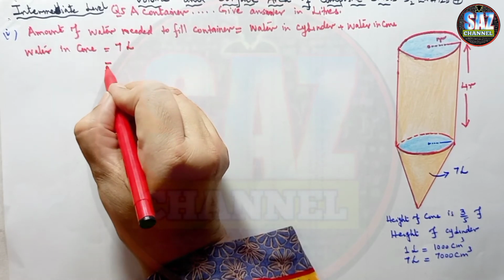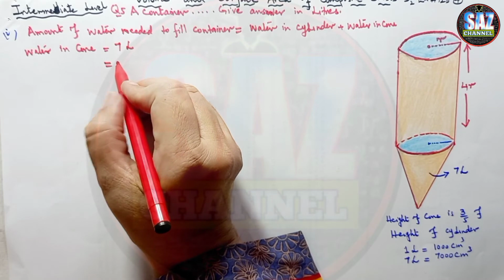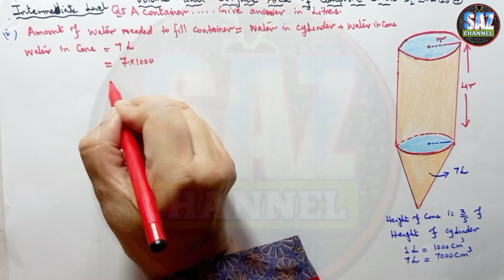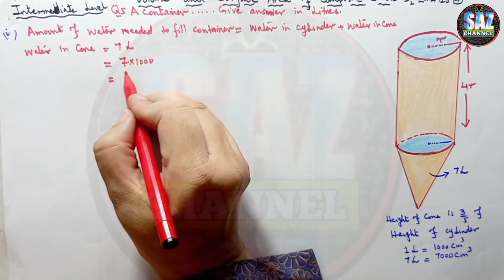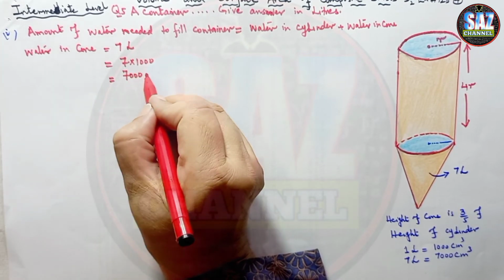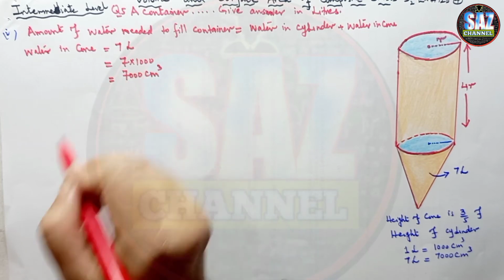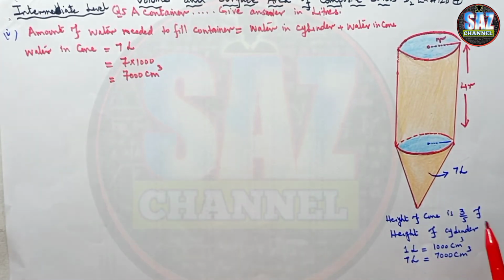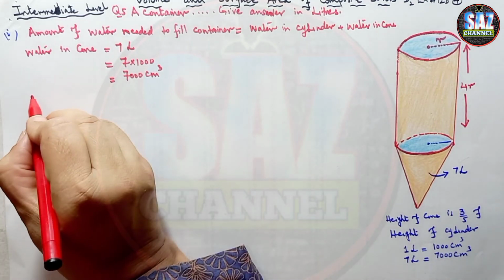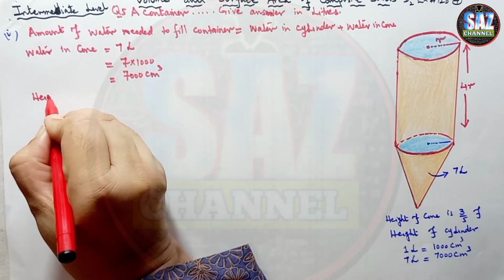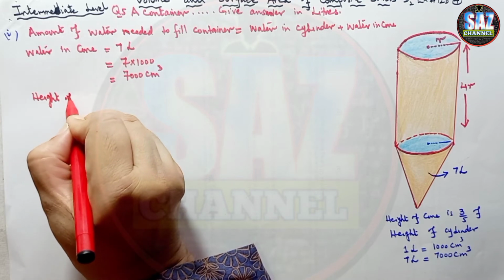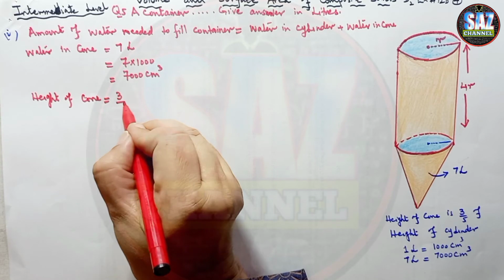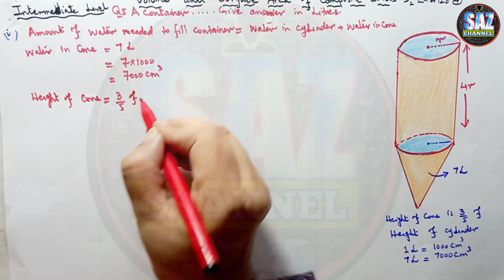Because 1 liter is 1000 centimeter cube, it becomes 7 multiplied by 1000, which is equal to 7000 centimeter cube. And the height of cone is 3/5 of height of cylinder. Height of cone equals 3/5 of cylinder.